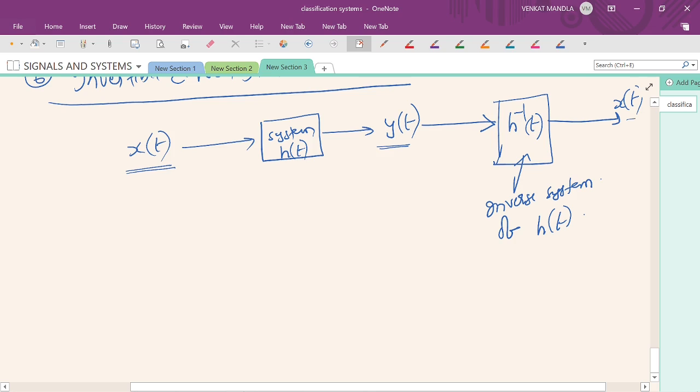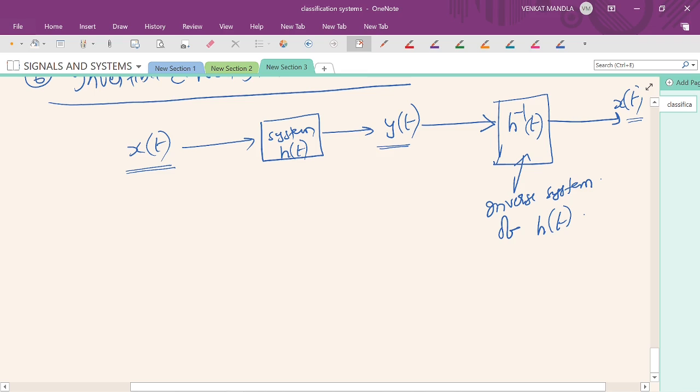If this inverse system h inverse of t exists for this system h of t, then the system is said to be invertible.